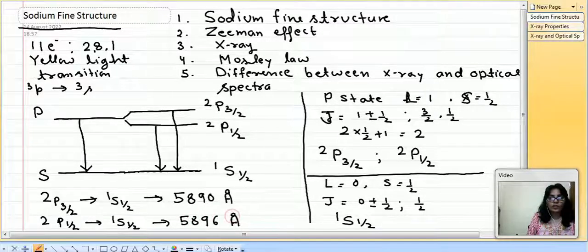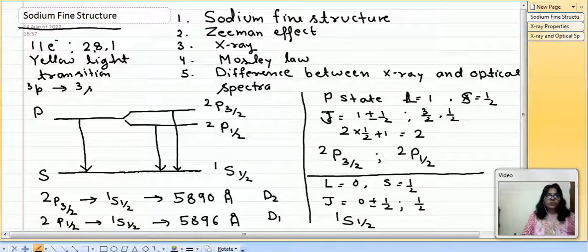So the original sodium line contains a fine structure of doublet lines. Because there are two lines, it is known as a doublet, containing 5890 angstrom and 5896 angstrom wavelengths. This is termed the D2 line, and this is termed the D1 line. So this is about the sodium fine structure.